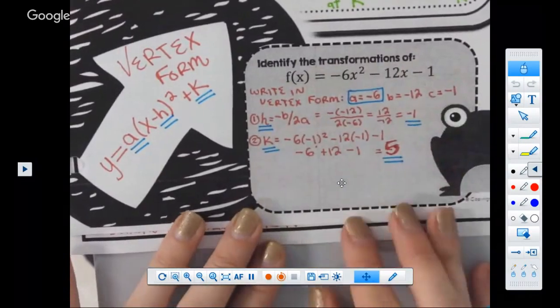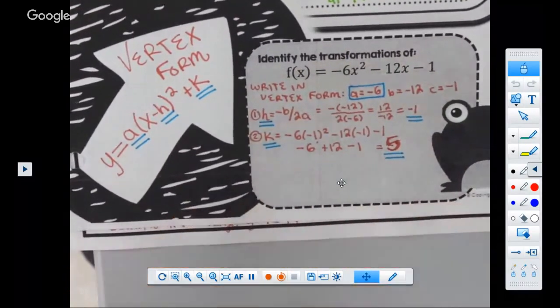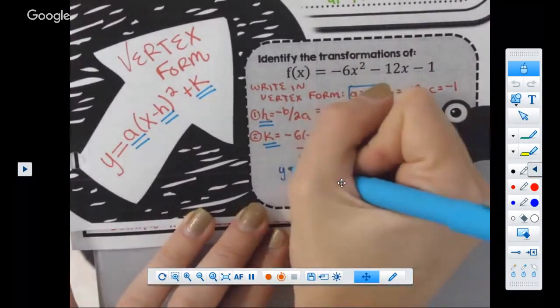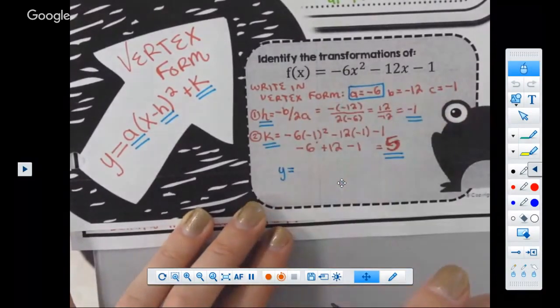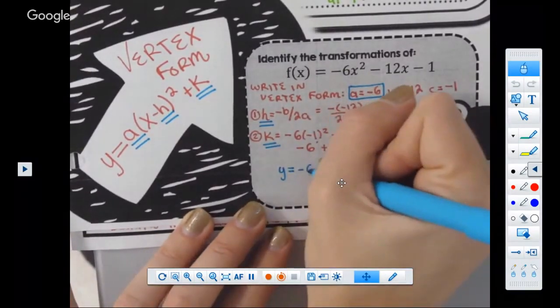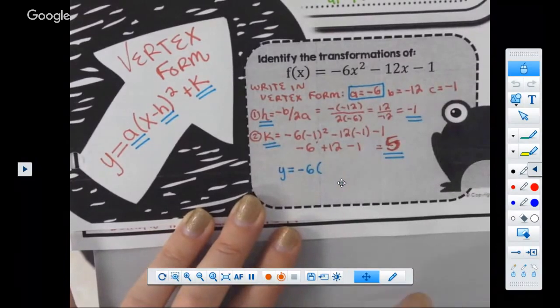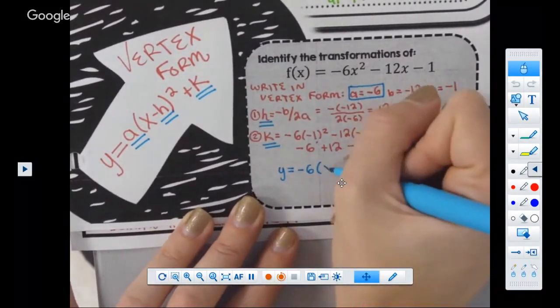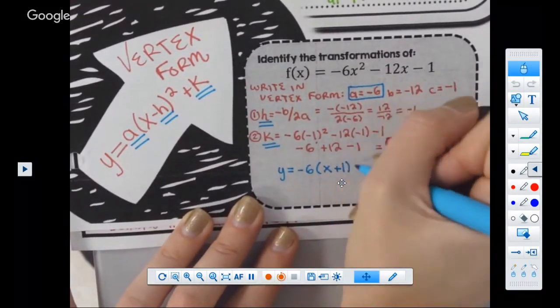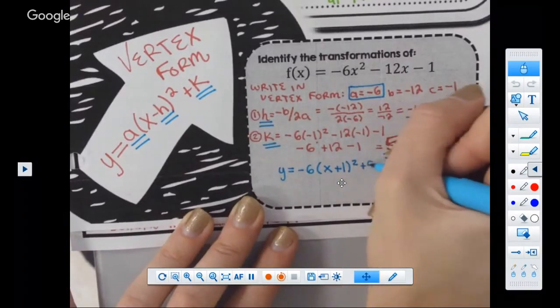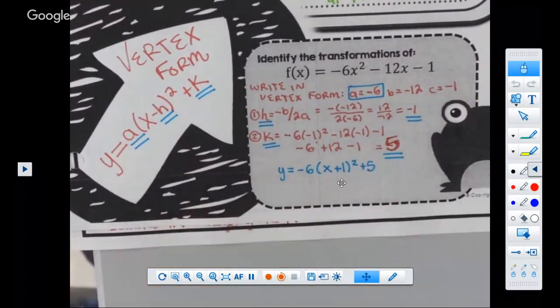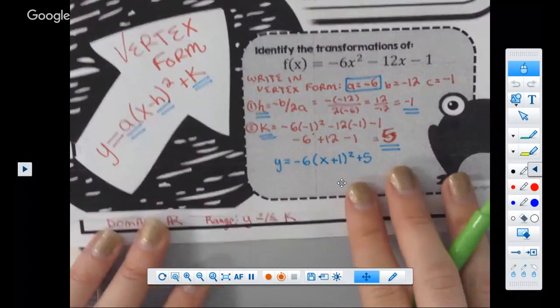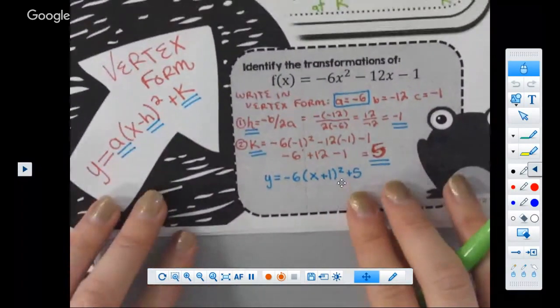So now we're going to rewrite, but I'm going to plug in what we know about A, H, and K. So we're left with y equals negative 6 times x minus negative 1, which becomes a positive, plus 5. Three words away from being completely done.